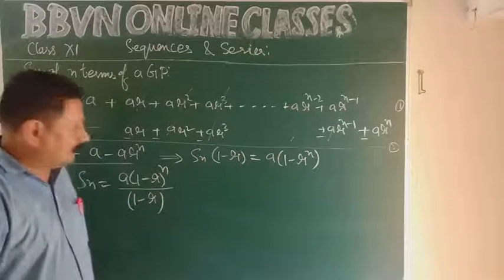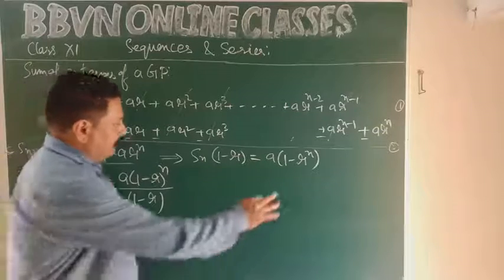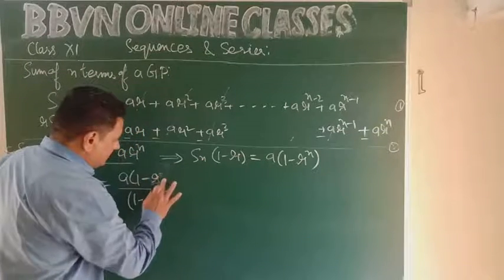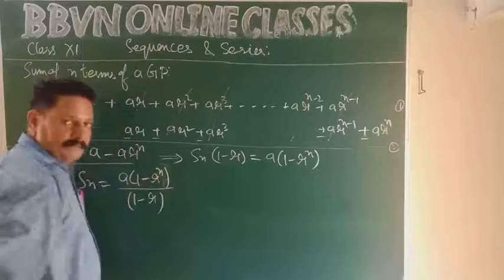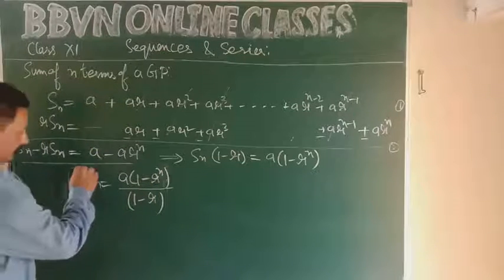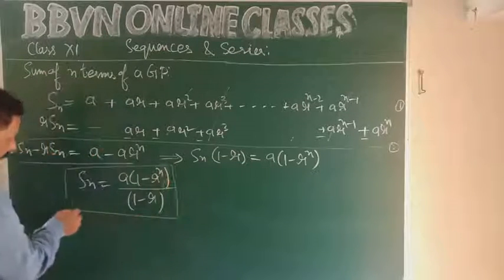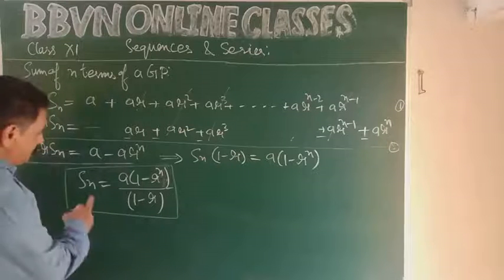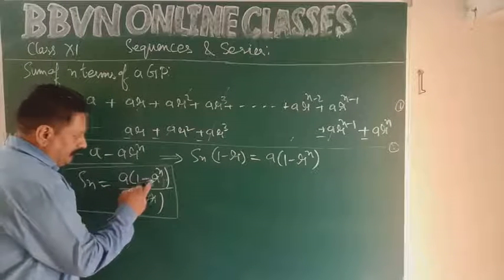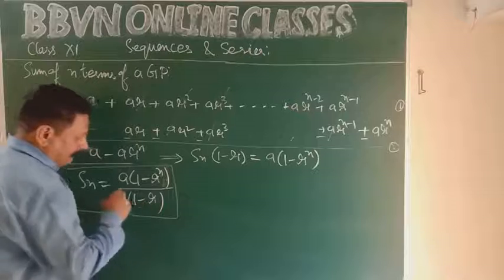Okay children? Clear? Got it? So this is the formula to find the sum of n terms of a GP. Sum of n terms is a into 1 minus r power n upon 1 minus r.